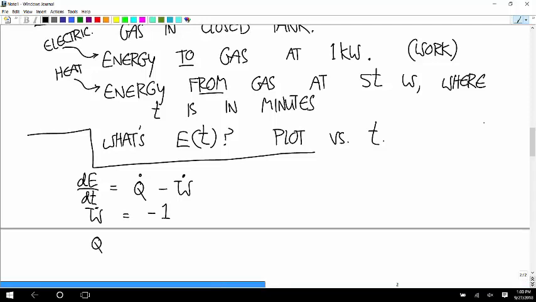And then Q dot, we have energy leaving the gas, so is that positive or negative? That's negative also, so that's -5t, with t in minutes.